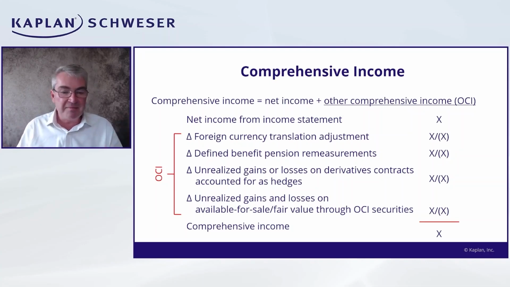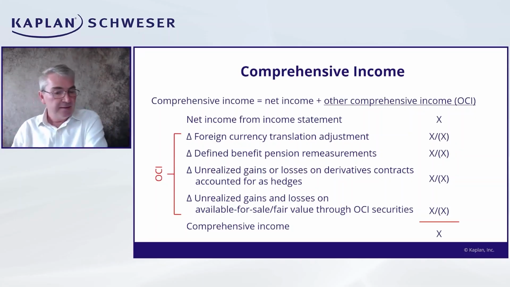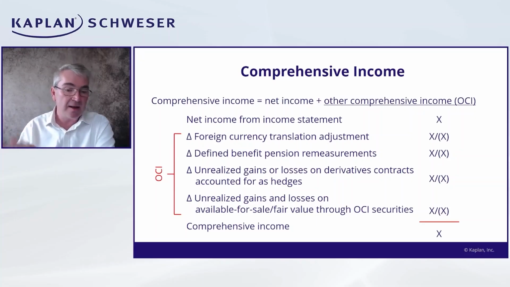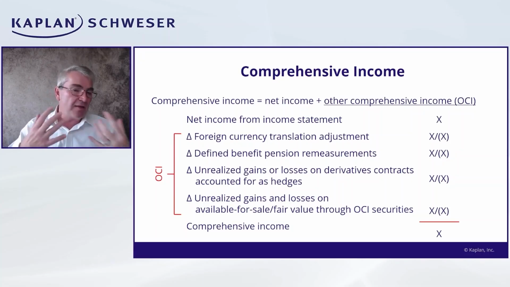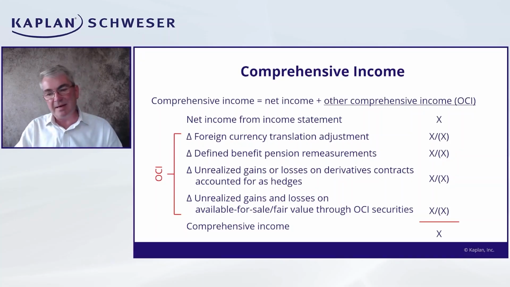Same for things like unrealized gains and losses on available for sale securities. You will be seeing the accumulated gain since that security was purchased in OCI. But what we want in here is the change this year. So it's always the change in the balance sheet item. Be careful with that. It's not the item sitting in the balance sheet at year end. It's the change between last year's balance sheet and this year's balance sheet. So we're going to look at that for all of the other comprehensive income items to get a comprehensive income figure.